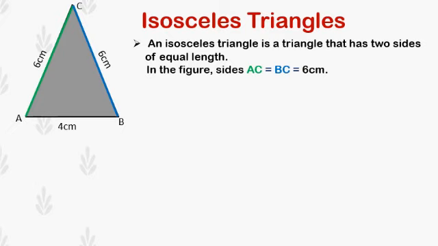So we can say two sides are congruent to each other. The third side of an isosceles triangle, which is unequal to the other two sides, is called the base of the isosceles triangle. Okay?